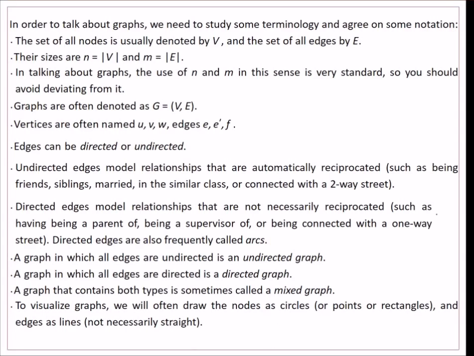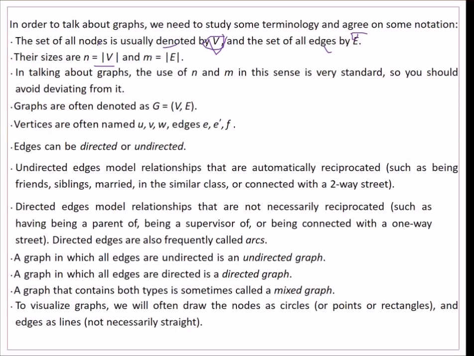The set of all nodes is usually denoted by capital V, for vertices, and the set of all edges by capital E. The sizes of these are captured by N and M. So in talking about graphs, this use of N and M is quite standard, so please do not deviate from it.